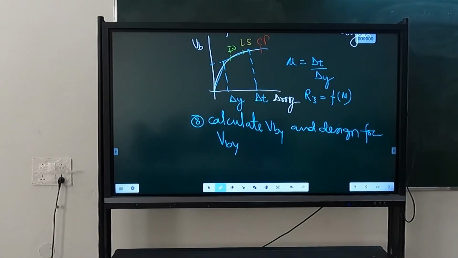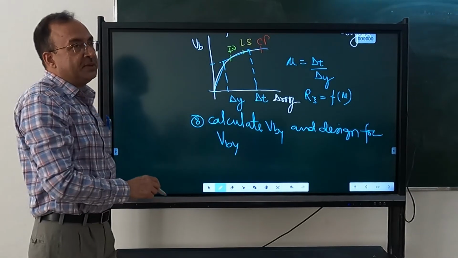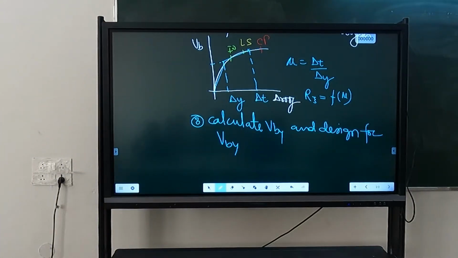Horizontal acceleration. And how to get horizontal acceleration? But how will you get the period? The period for the building which you are going to design. You have to find that out. Not the period of this building, not the period of the building which is being designed in the code.